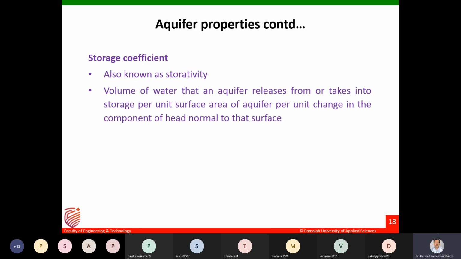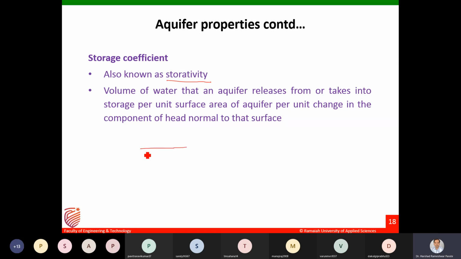Now let's discuss another property, that is the storage coefficient. We also call that storativity. Now consider your aquifer material, 1 meter by 1 meter cross section.